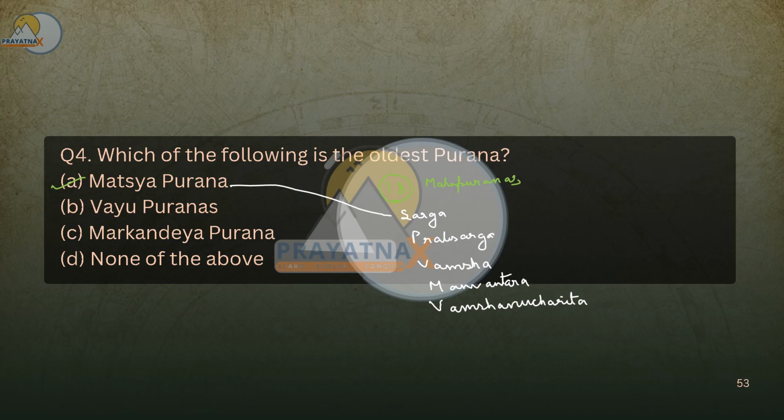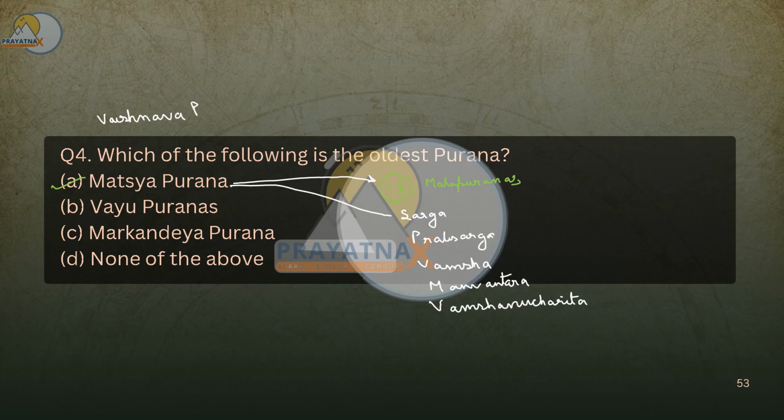Now, another thing to point out is that this is not only the oldest but the best preserved of the 18 Mahapurans. This is basically a Vaishnav Puran, which is named after the first incarnation of Vishnu.